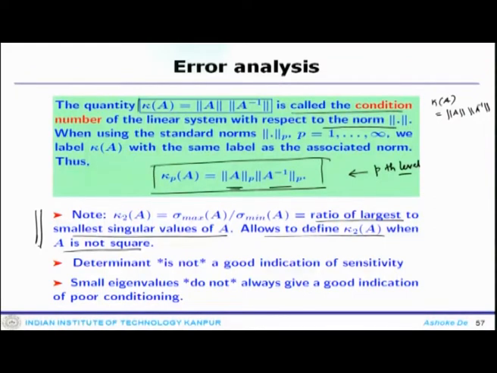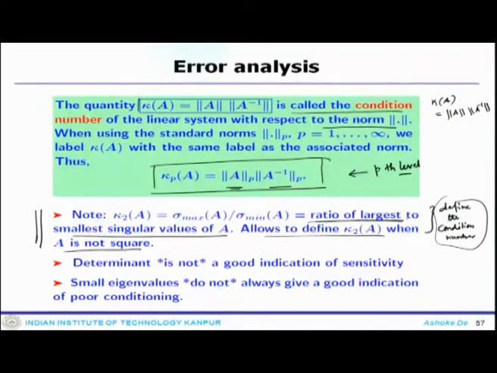When A is not a square matrix, you can still define the condition number, and as you see, it is the ratio of the largest to the smallest singular values of A. Depending on the condition number, it tells you the sensitivity of this matrix for the linear solution, because that is what gets associated with the condition number.